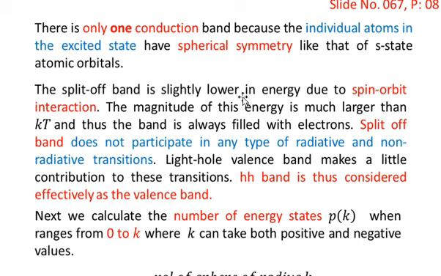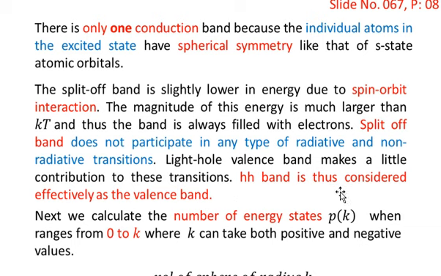The split off band is slightly lower in energy due to spin orbit interactions. The magnitude of this energy is much larger than kT, and thus the band is always filled with electrons. The split off band does not participate in any type of radiative and non-radiative transitions, because the band is completely filled. Light hole valence band makes a little contribution to these transitions.